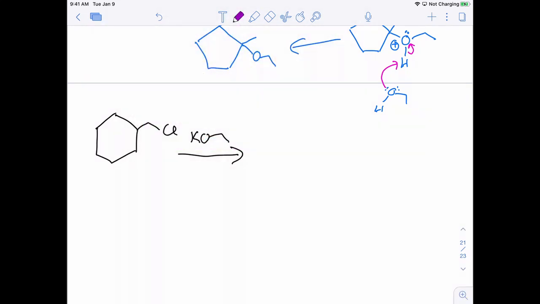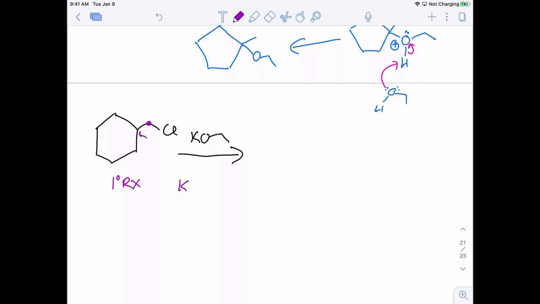So same sort of questions, primary, secondary, tertiary, allylic, benzylic. And then is our nucleophile charged or neutral? And then if we were given a solvent, we would look at that. So my alkyl halide is primary, right? This carbon that my halogen's attached to is only attached to one other carbon, so primary.